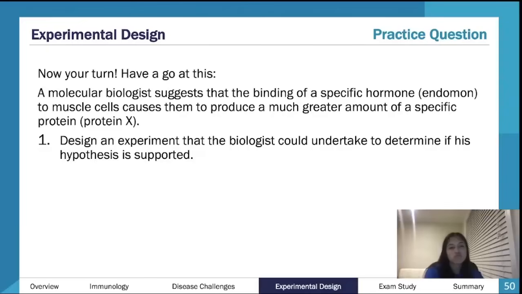Perhaps, yeah, that's kind of what you're thinking of there. In terms of your method, kind of what we've talked about, again, of that setup, you would just leave it for a couple of minutes, measure the protein level. Think about how you might measure the protein level. Perhaps with a little protein X detector. I guess that's the most specific thing to be using. And yeah, you would repeat the experiment as well.